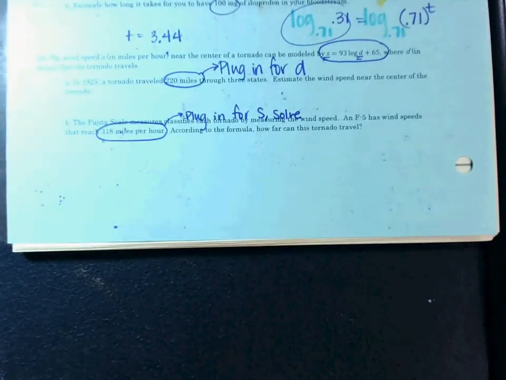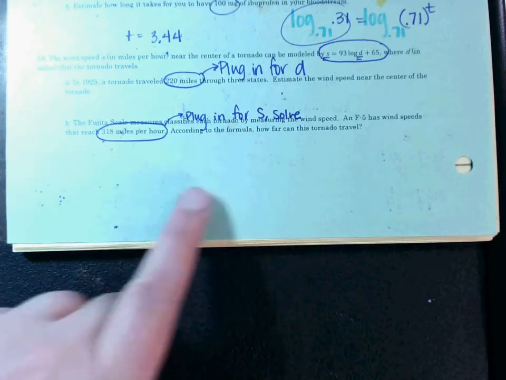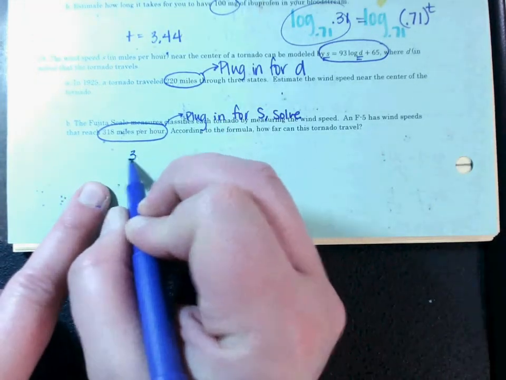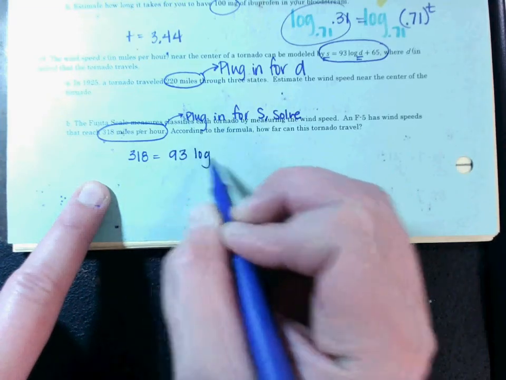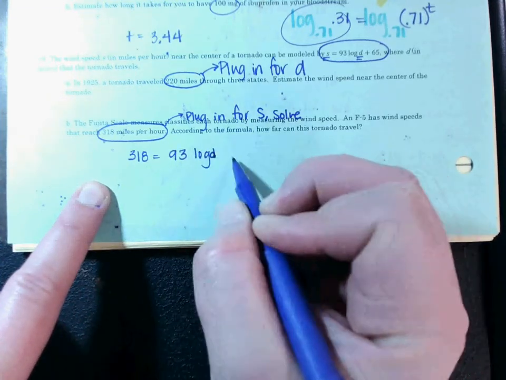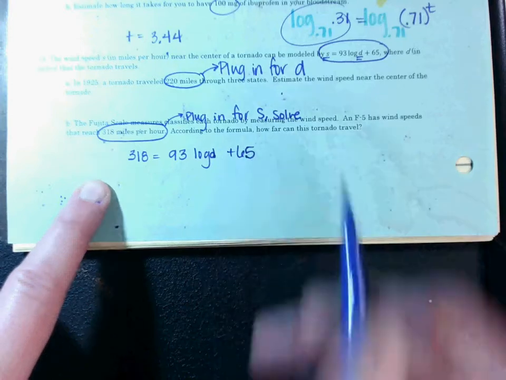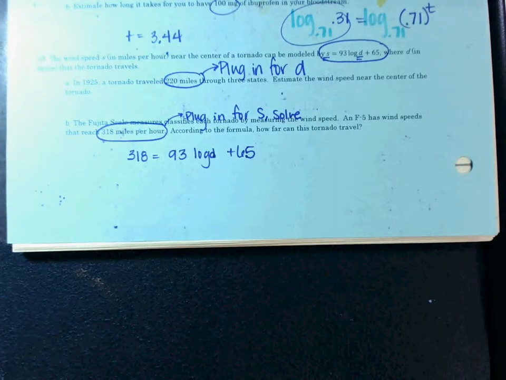So I'm taking 318. I'm going to plug that in for S. So it'll be 318 equals 93 log D, and then plus 65. What do you do first in solving? Minus 65. Good. So minus 65 off both sides to cross it out.